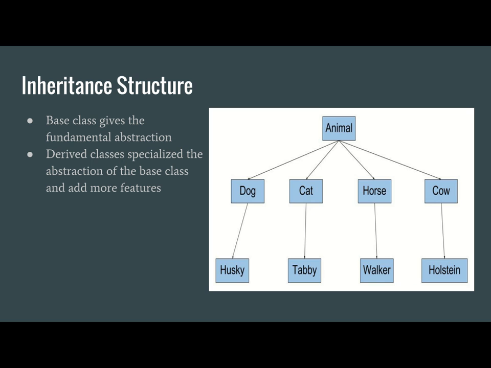And so the way this works is, as you're going up the inheritance hierarchy, everything is a. Husky is a dog, dog is an animal. Coming down the other way, you don't know for sure. An animal could be any of those. So the best you can say is an animal may be a cat, it may also be a horse. A horse may be a walker, or it may be a runner. Yeah. Whatever.